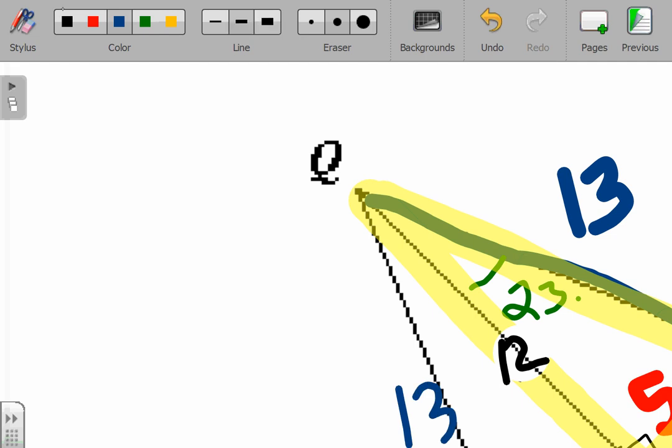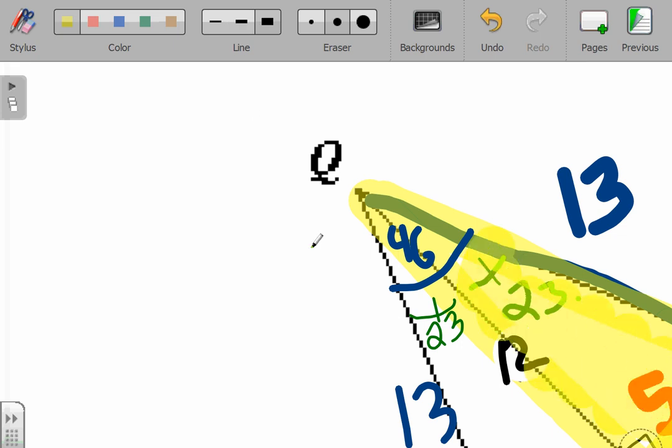If one side's 13, all of them are 13 because all sides are equal. Angles are easy. Ready? In a rhombus, they're bisected. So if that's 23, this is 23. That means this whole thing, of course, is 46, which means this is 46 because opposite angles are equal. You can walk that 23 over. And then because we have a right triangle here again, take that 23 and subtract it from 90.